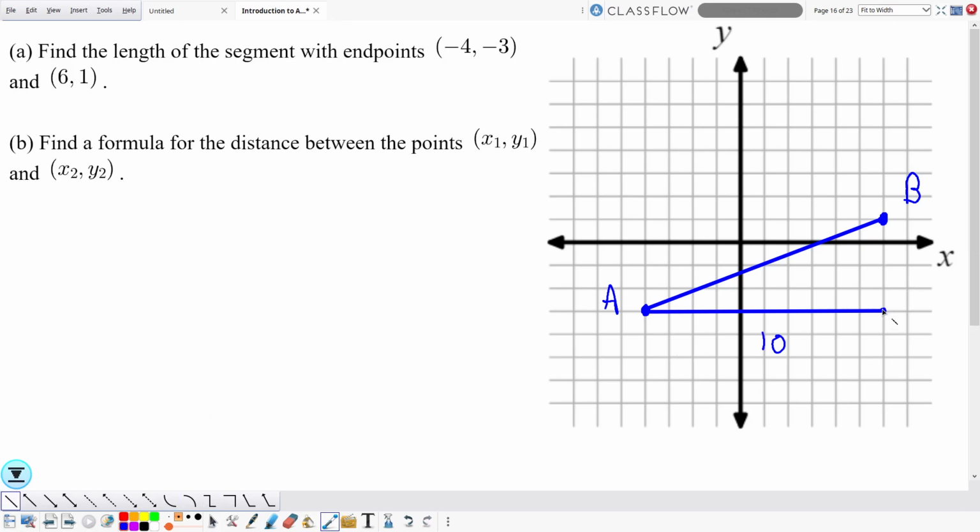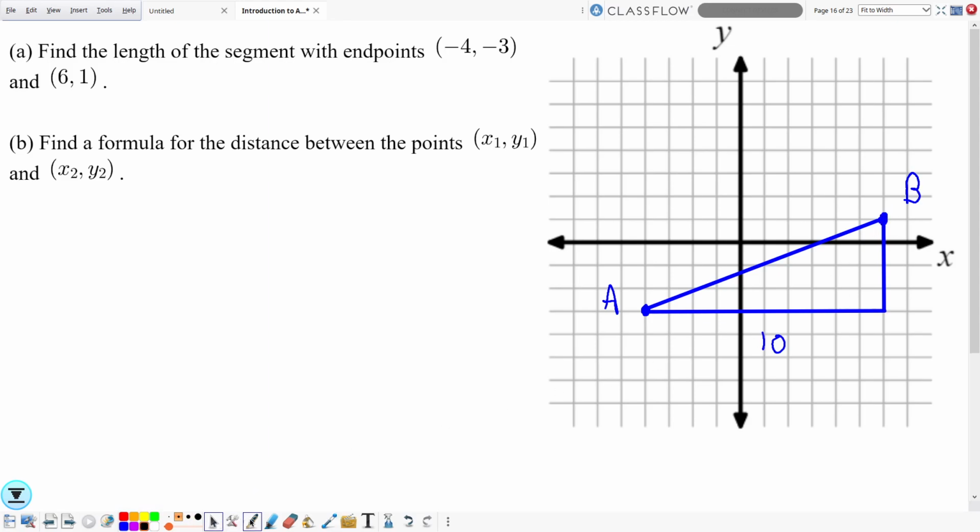Going from where we ended up, I have to go up 1, 2, 3, 4. Well, I know that vertical distance is a length of 4. Very cool. And what's really cool is that if I call this point C, well, this is going to be a right angle.